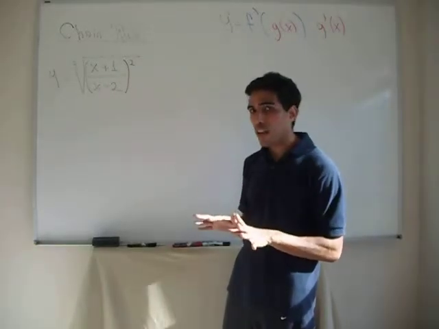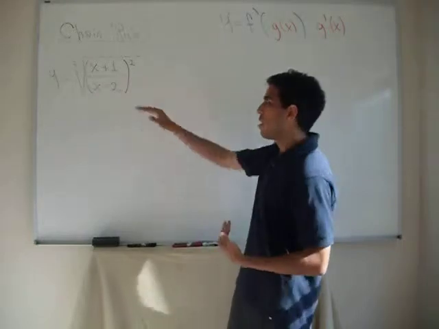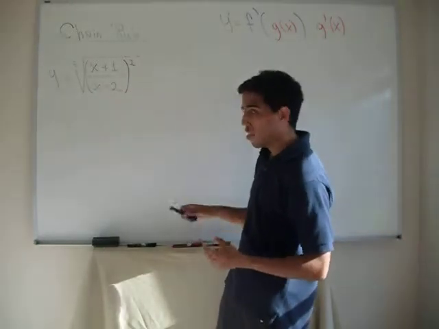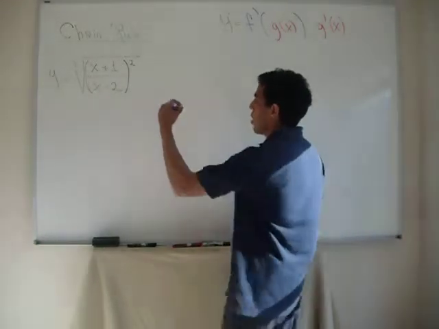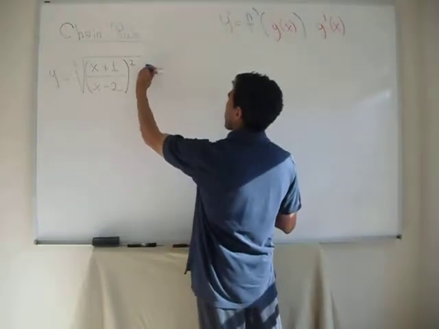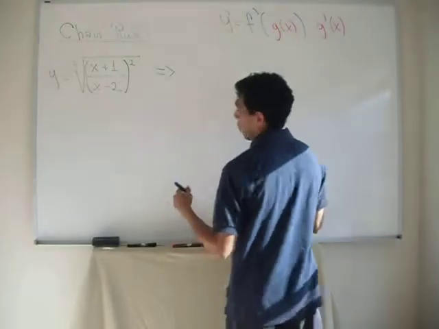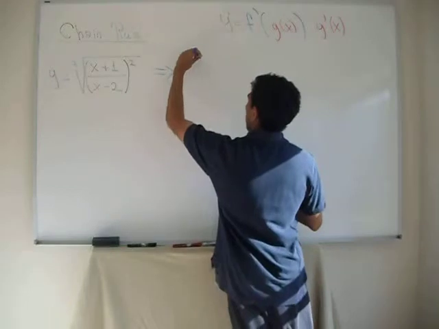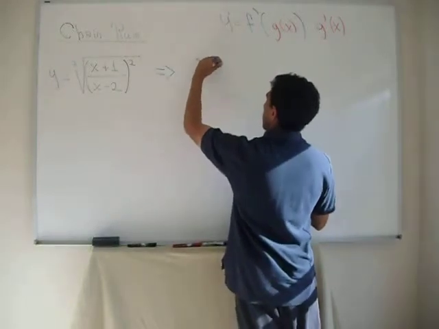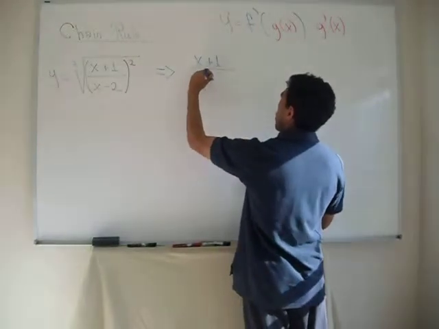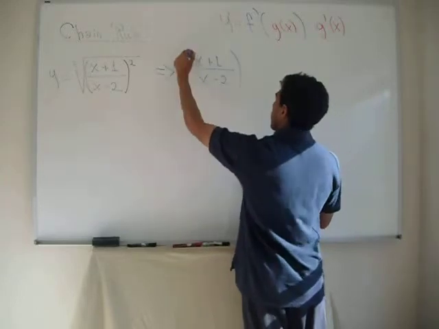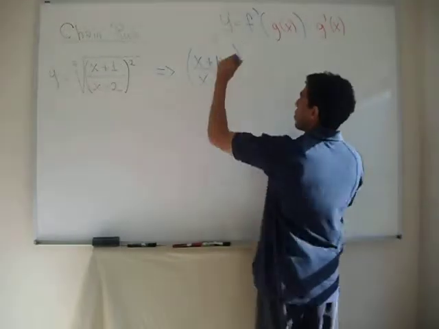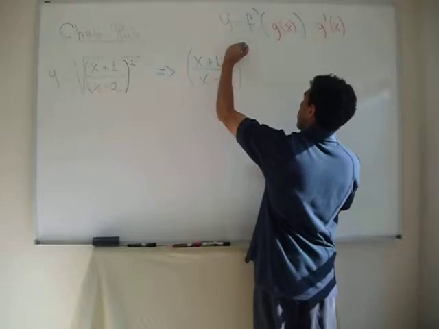Just take a deep breath and let's rewrite the function as something more friendly. So this y is going to be rearranged to (x plus 1 divided by x minus 2), all of this powered to 2/3.